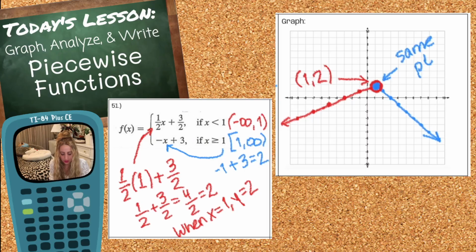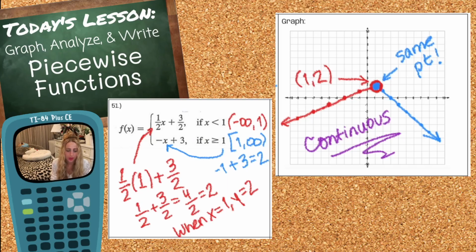Same point. What else does that mean? If one graph ends and the other one picks up at that spot without any interruption, nothing is open, which means we are continuous at that point.